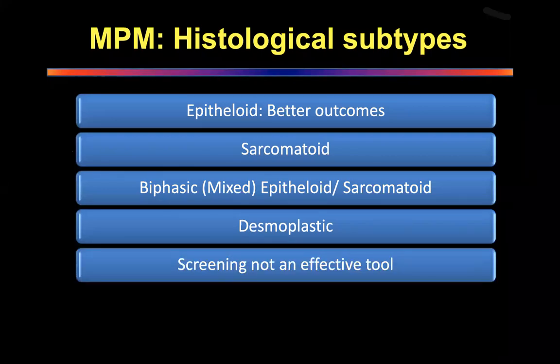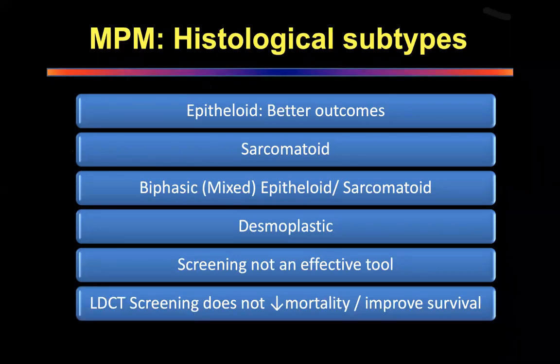The important thing to remember is that unlike lung cancer, where we have some evidence, the IELCAP study and the other studies to say that screening may be a tool for lung cancer, there is no effective tool for screening in mesothelioma. There is absolutely no evidence to suggest that doing a follow-up CT in people actually can help you diagnose mesotheliomas.